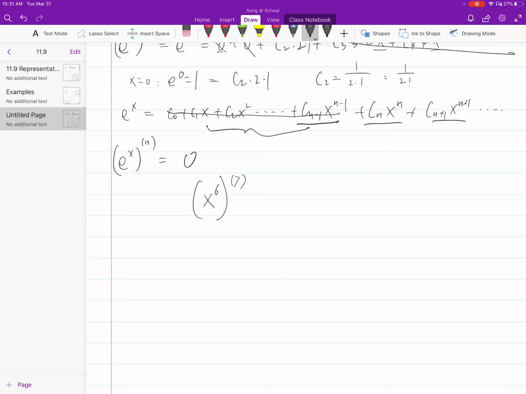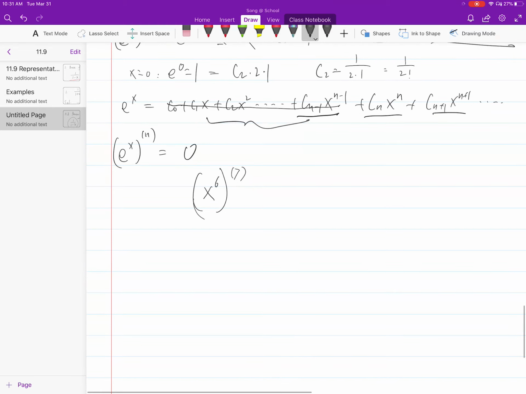Sounds good? Take this as an example. If you take 7 derivatives, if it's x to the 5, it goes to 0. If it's x to the 6, it goes to 0. As long as your power is less than 7, after you take the derivative 7 times, it goes to 0. So everything up to n minus 1 will become 0 after you take the derivative n times.